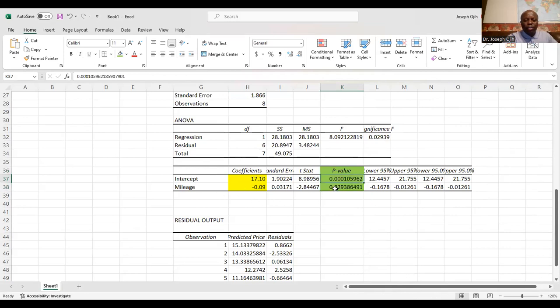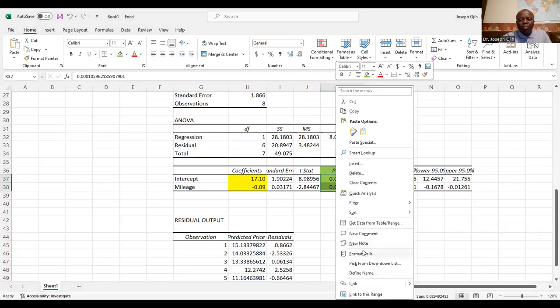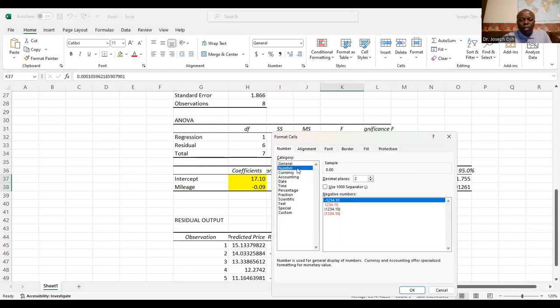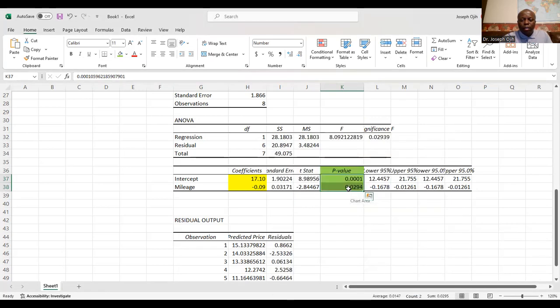We're looking at the mileage. It's just a long number, so let me make it 4 decimal places. It's usually 4 decimal places anyway.